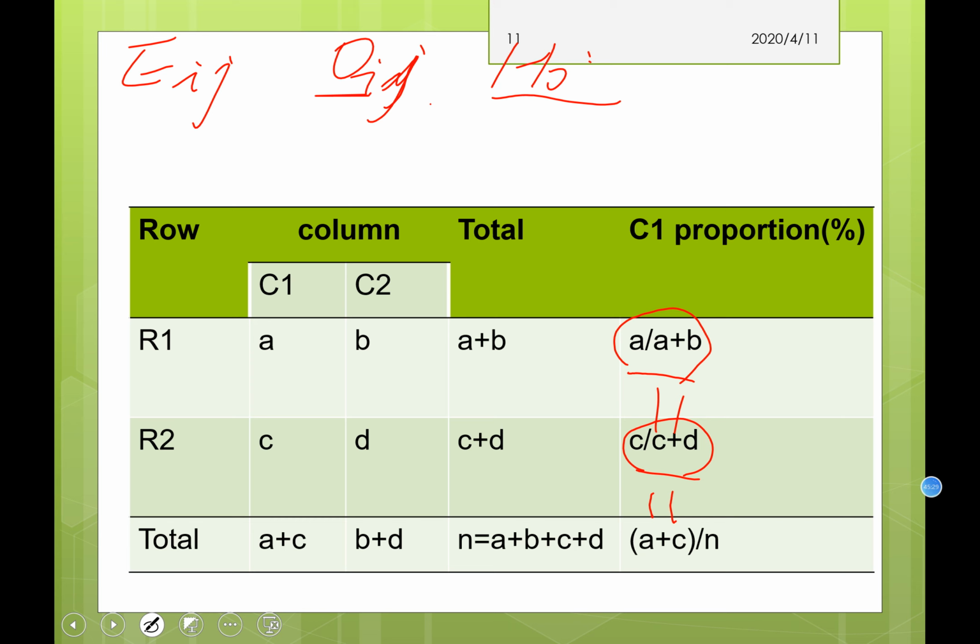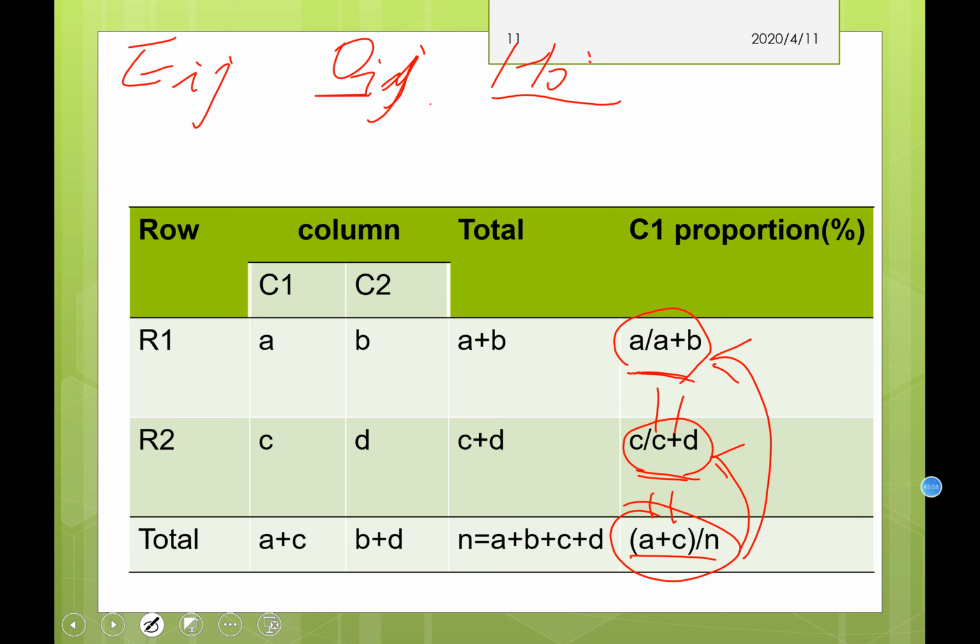Okay, now if we suppose H0 is true, then we will find that these three numbers are the same. So that means we can use any one of the three to represent the other two. So we can use the total proportion to represent the proportion for row 1 and row 2.